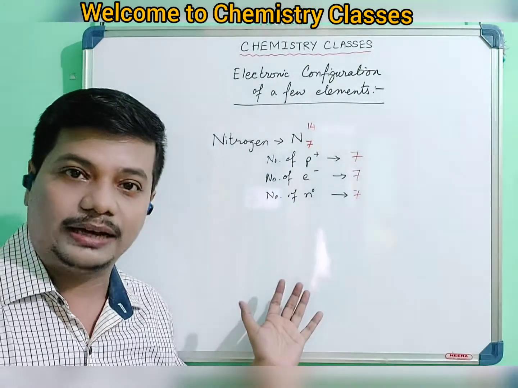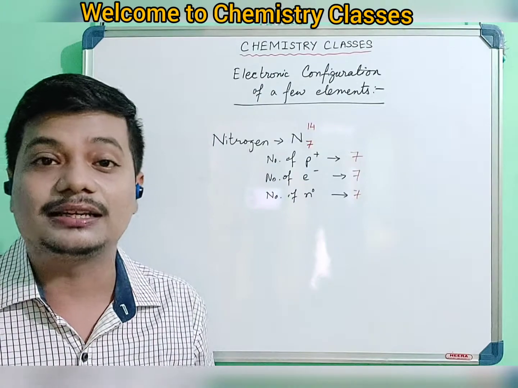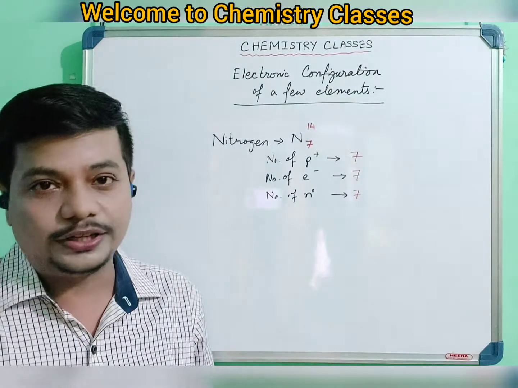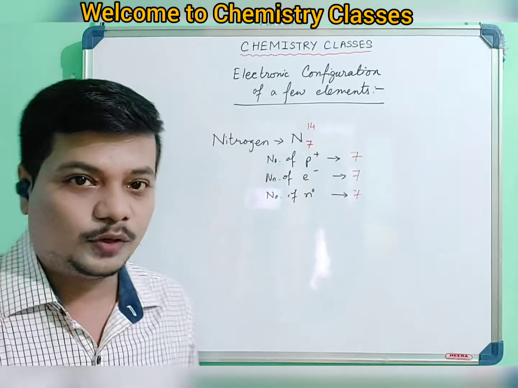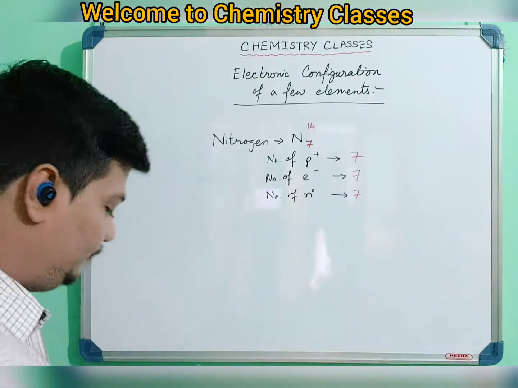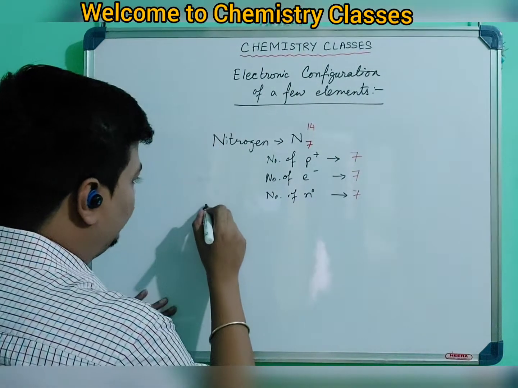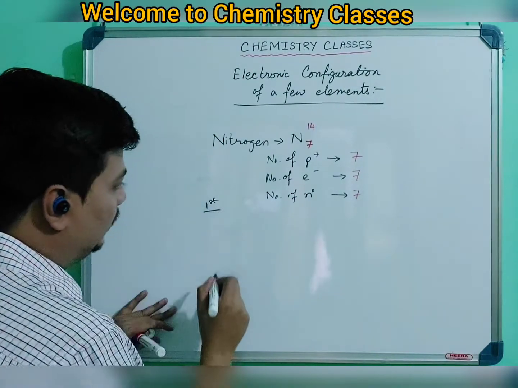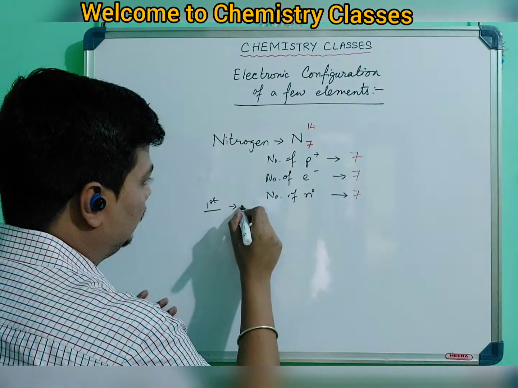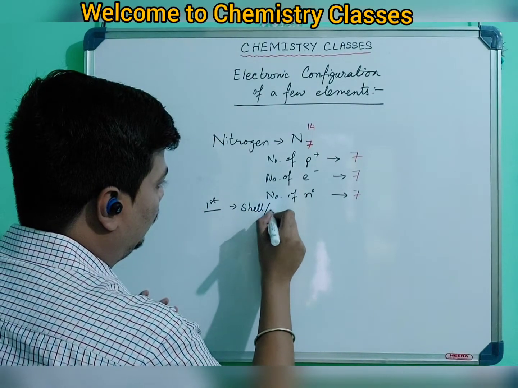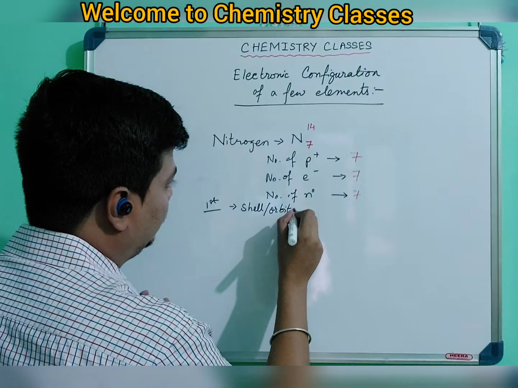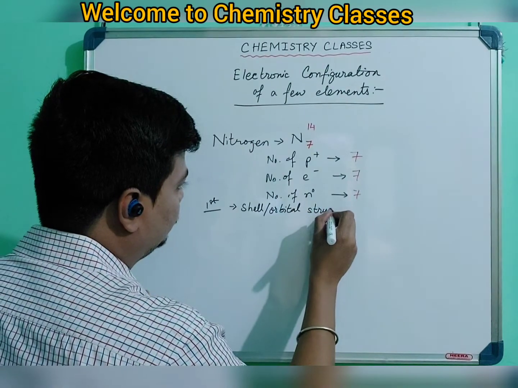I will be drawing that also, and there is another one, that is the Lewis structure, in which you only need to draw the electrons of the last shell. So I will be showing you both of them. First I am drawing the shell or orbital structure.